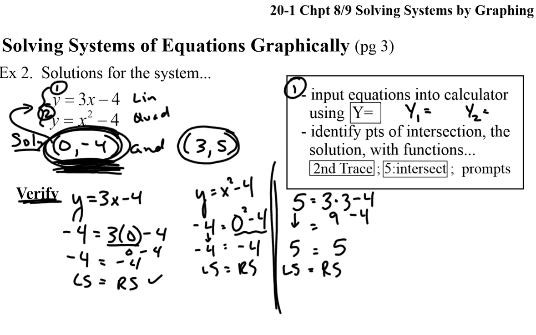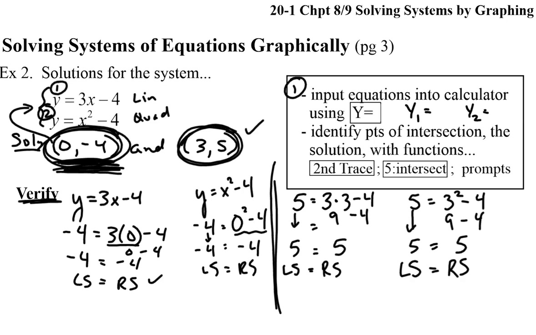So the 3, 5 works for the first equation. Does it work for the second equation? Y is 5. X squared would be 3 squared minus 4. So we have 9 minus 4. We get 5 on the right side. There's a 5 on the left side. So left side equals right side.